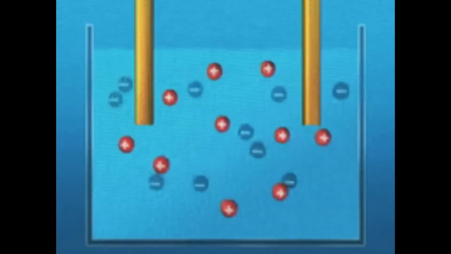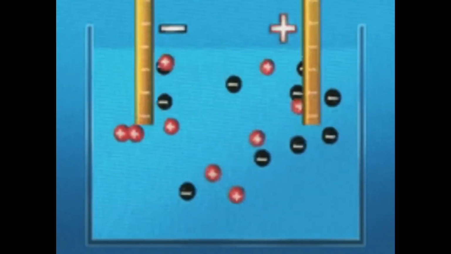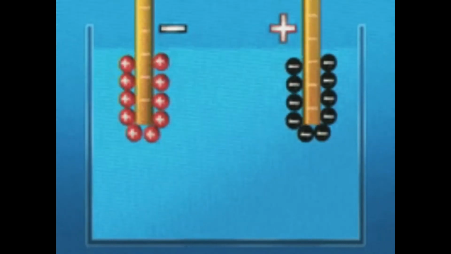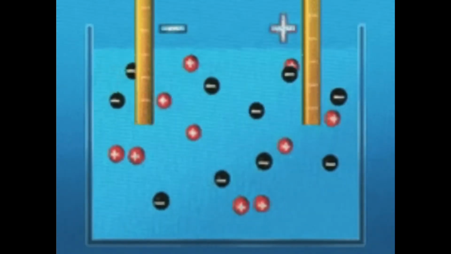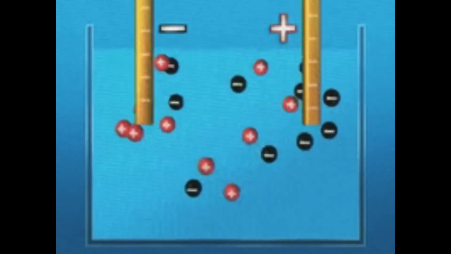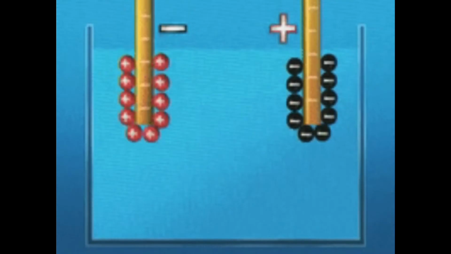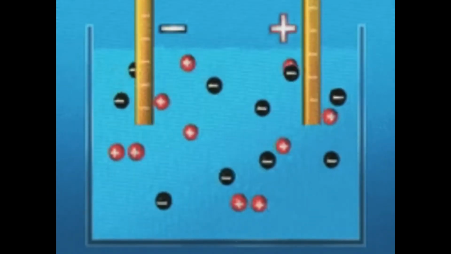Here you can see the process of electrolysis where you have free ions. Notice that they are free to move, and because of this free movement we are able to split apart this ionic compound. Ions simply mean a particle with charge, and here we've got our positive and negative ions, and the electrodes will complete the circuit.